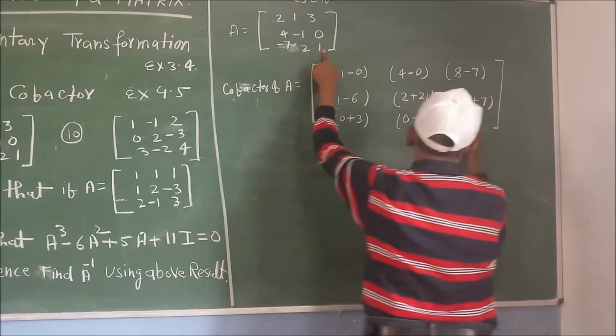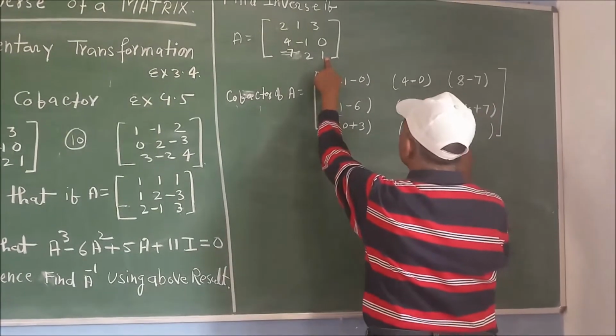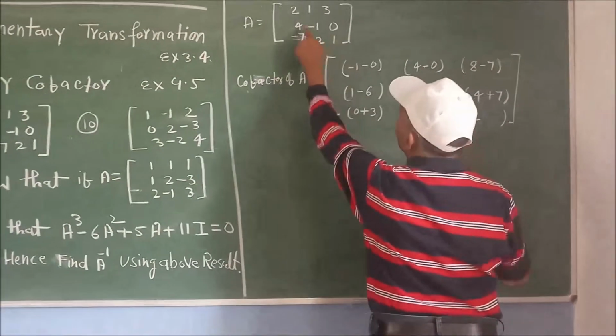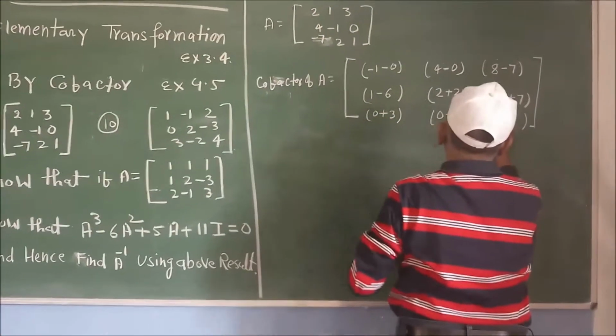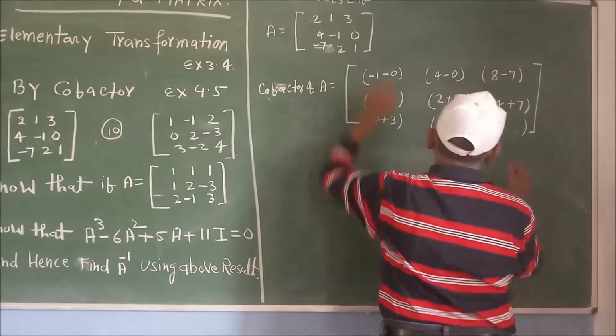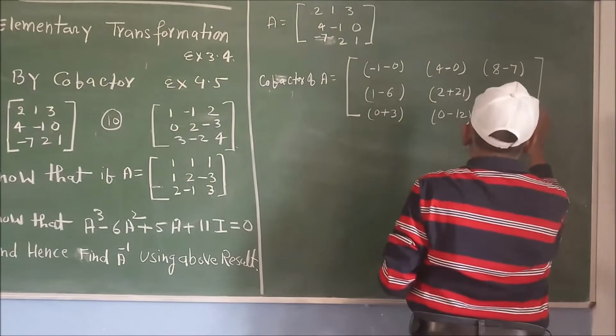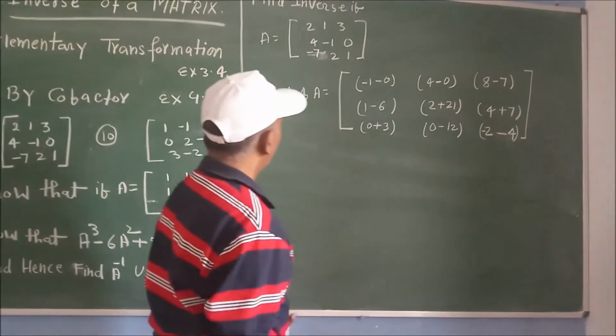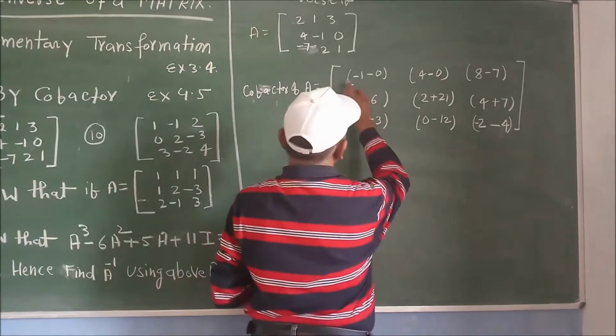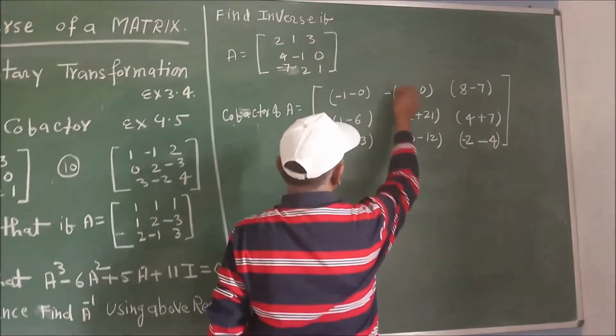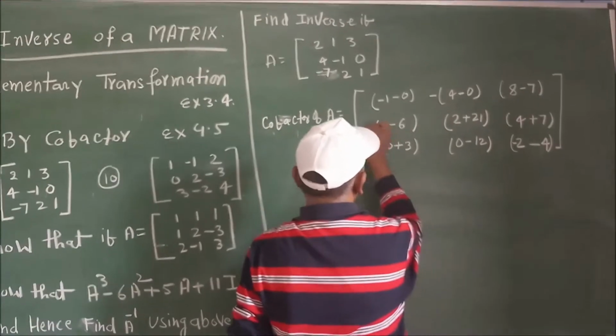And cofactor of 1 can be written as 2 into minus 1 minus 4 into 1, minus 4. And again check the sign. For sign purpose, here will be plus, here will be minus, here will be plus, here will be minus.